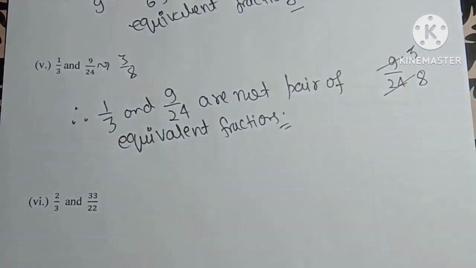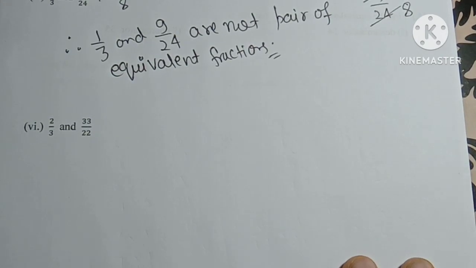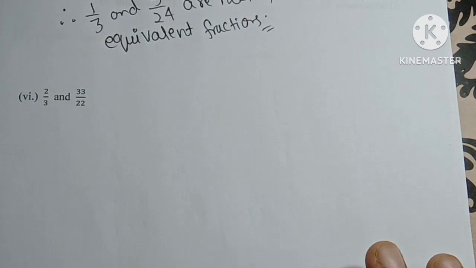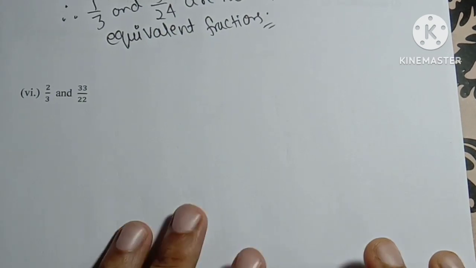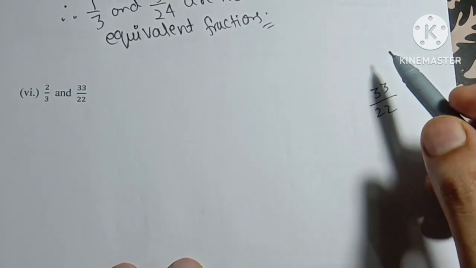Clear? The next question, the sixth one, is saying 2 by 3 and 33 by 22. Here, the first fraction is not getting simplified any further, but the second fraction, 33 by 22, is getting simplified.